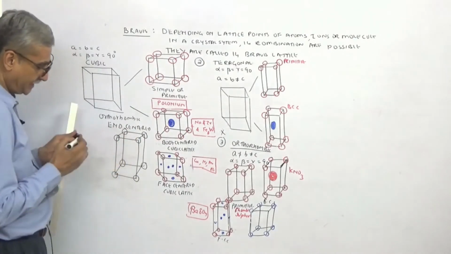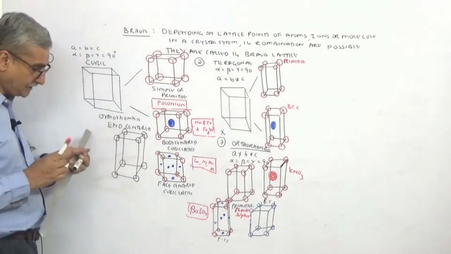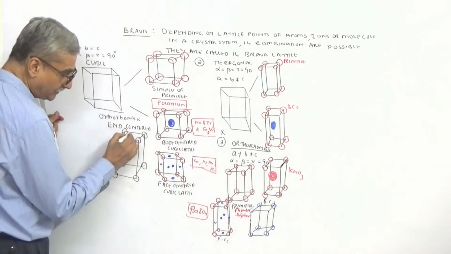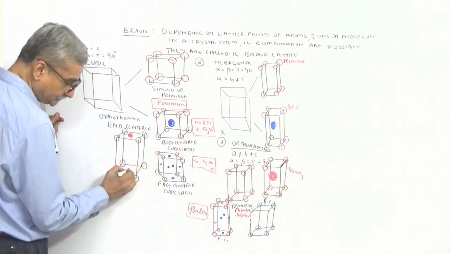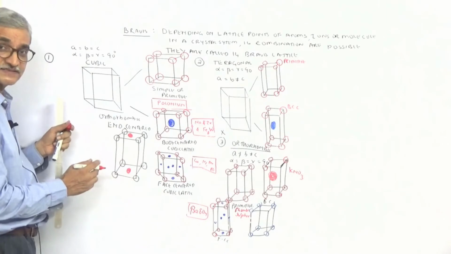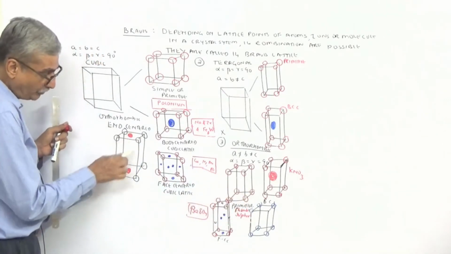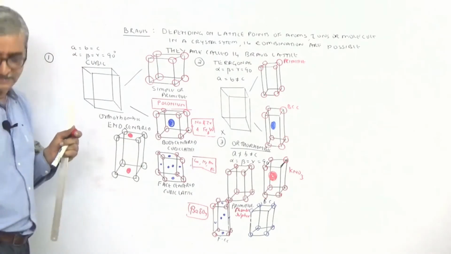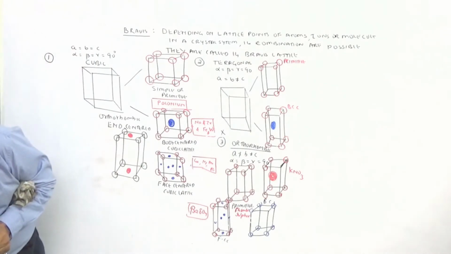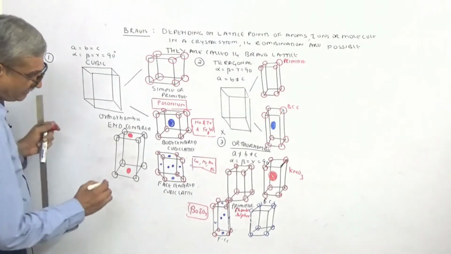Atoms are present in the 8 corners, and atoms are only present here at the top and bottom. Not all the 6 faces. 6 faces रहेगा तो face centered हो जाएगा ना, but खाली ऊपर और नीचे रहेगा, then this is called as end centered. So example of that will be magnesium sulfate 7H2O.